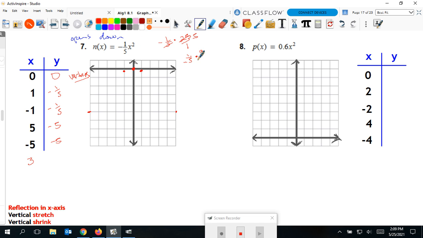So it's really going to give me a negative 9/5. 5 goes into 9 one time, so it's going to be like a negative 1 4/5. So if I went over here to 3, and this is going to be on for both of them, 3 and negative 3, it's going to give me the same thing.